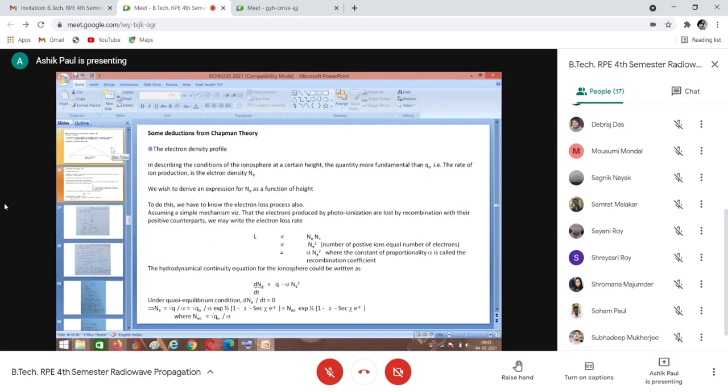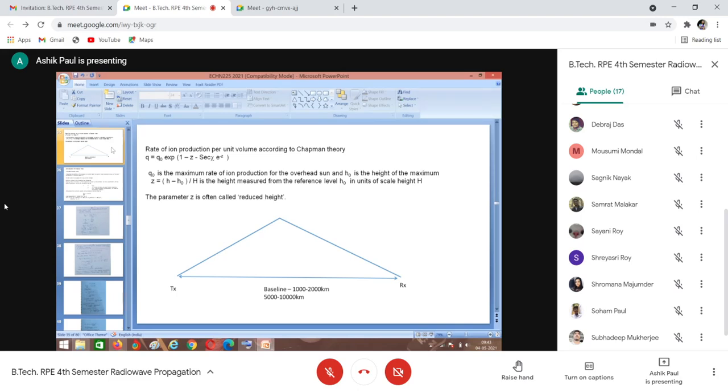So, in the last class, I think we had already arrived at this expression for the rate of ion production following Chapman theory, and we found that the rate of electron or ion production has an exponential dependence on height. Where is the height?